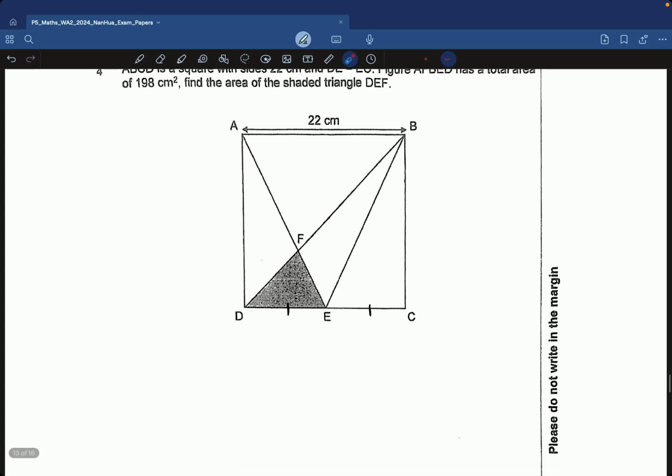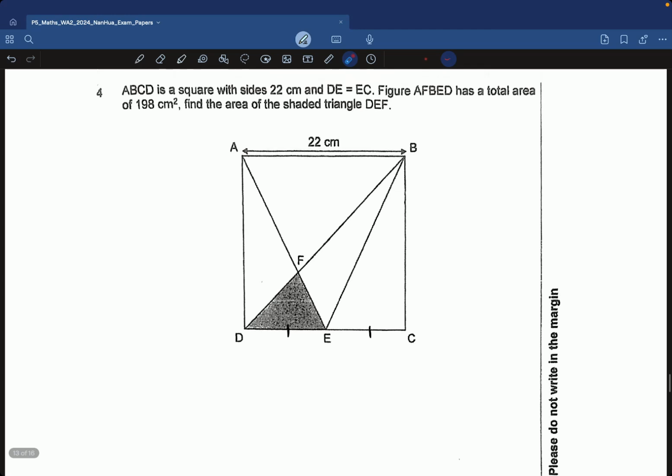Okay, so it's a bit everywhere here and there, but let's slowly break this down. So how can we get the area of this shaded triangle? First thing first, we know that, let's write it down, A, F, B, E, D. So this figure over here is 198 centimeter square, right?